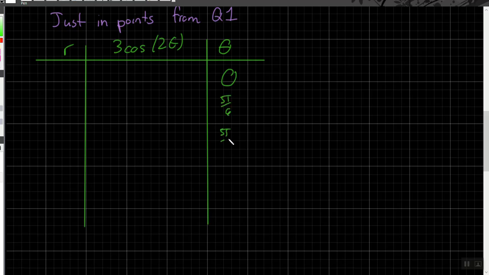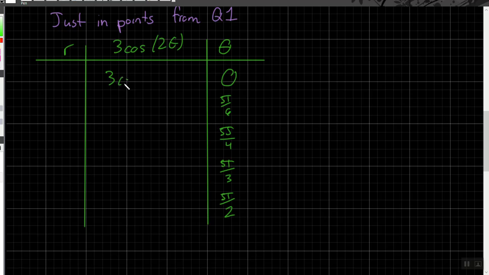Do you want to do pi fourths? I think we want as many points as possible. Pi fourths is going to help us on our image. When it's only one quadrant? I mean, yeah. More points, the better. Pi halves, and then I'm going to leave it there.